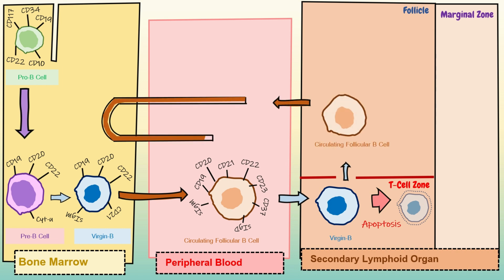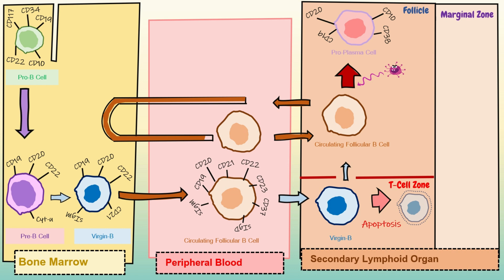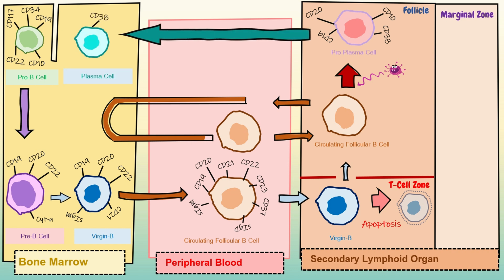They continuously circulate between bone marrow and secondary lymphoid organ until they meet the matching antigen. This usually occurs in T-rich zone of lymph node or mucosal-associated lymphoid tissue, where B cell develop into proplasma cell. The terminal maturation of B cell into the plasma cells occurs in the bone marrow or mucosa of gastrointestinal tract.